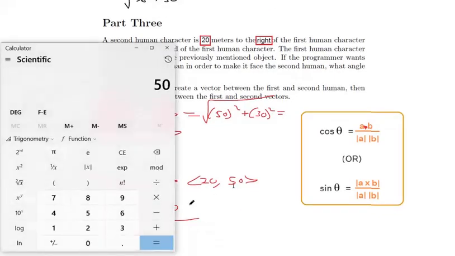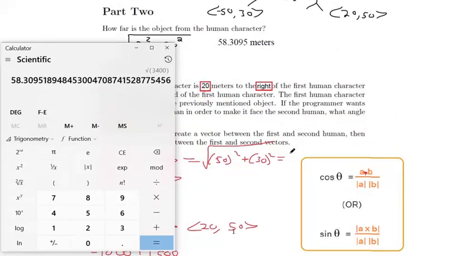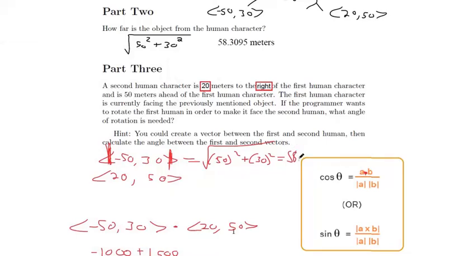So this is 50 times 50. I think we've already done this. I'm getting deja vu. Oh, wait a second. We already did that. Yeah, that was part 2. Okay, so 58.3 roughly. That's the magnitude of the first vector.